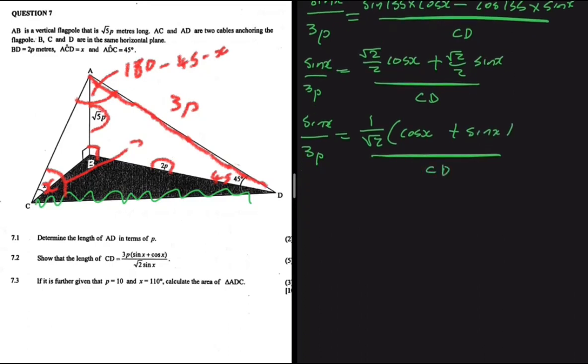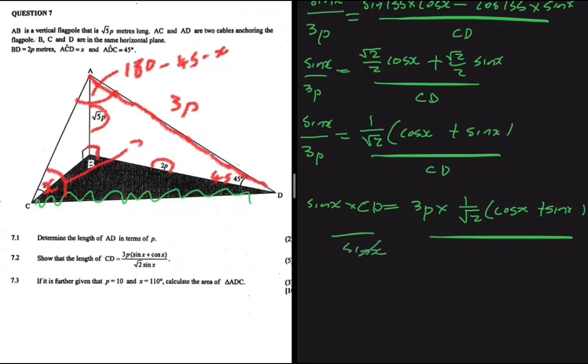So this we can cross multiply here. If we cross multiply, we're gonna get sine of x multiplied by CD being equals to 3p multiplied by 1 divided by square root of 2 multiplied by cos of x plus sine of x, right? But now we can divide both sides by sine of x, right?